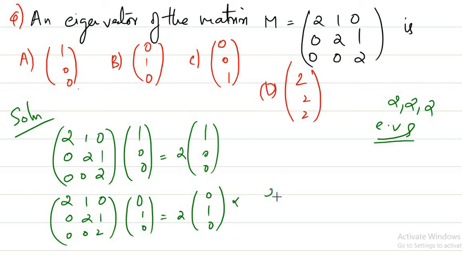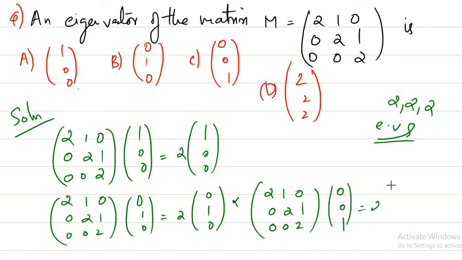Now if you take the next option, multiply with 0, 0, 1, to check whether you get 2 times 0, 0, 1: 0 times 0, 2 times 0, 1 times 1. It's also not correct, because this entry should be 0 times 0 plus 2 times 0 plus 1 times 1, which is 1, but here we are getting 0. And the last option is again 2, 1, 0, 0, 2, 1, 0, 0, 2.